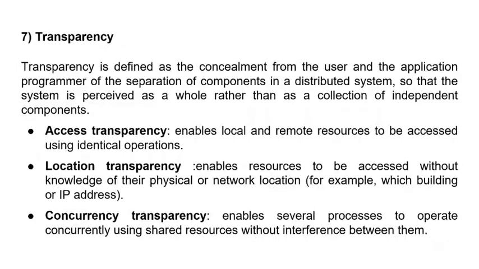And the last one, transparency, is also an important aspect of distributed systems. Transparency is defined as the concealment from the user and the application programmer of the separation of components in a distributed system, so that the system is perceived as a whole rather than as a collection of independent components.